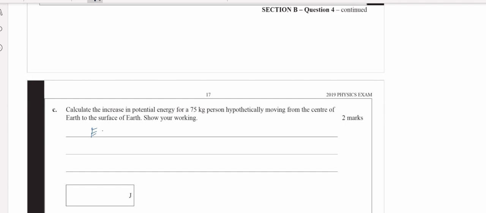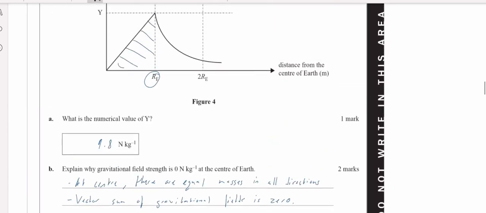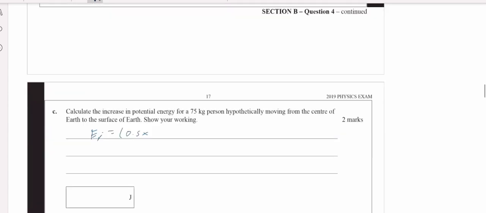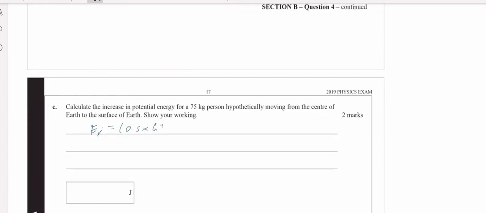And the potential energy is half, 0.5 times the radius, 6.37 times 10 to the 6, times the g of 9.8, and then we have to multiply that by how much the person weighs, which is 75 kilograms. Let's check that.